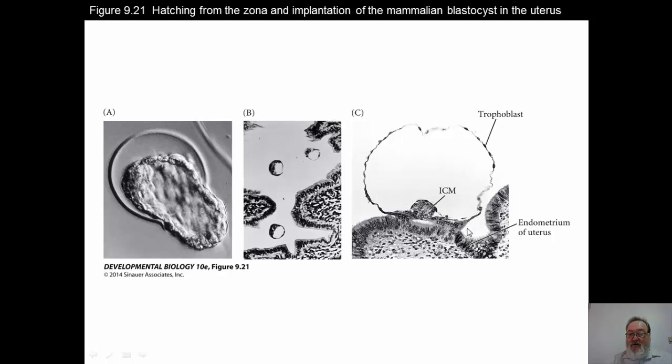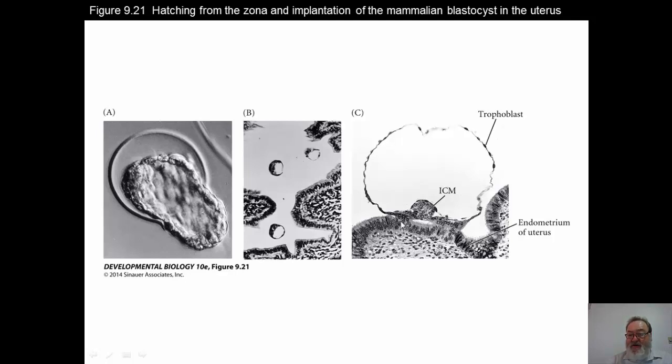This is actually in a rhesus monkey. This is an early stage of a blastocyst that has attached now to the uterine wall. Here you can see the trophoblastic layer that will give rise to, among other things, extracellular membranes, the chorion, and so forth. And here's the inner cell mass that will, for the most part, give rise to the embryonic body proper.